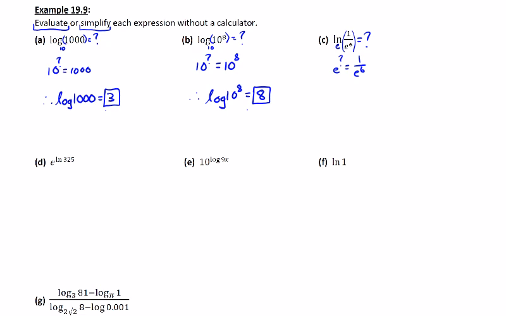So now I think about what kind of exponent is going to make this work. The only kind of exponent that's going to make this work is one that's negative, because we have the 1 over e to the 6. That's the reciprocal. And if I need 6, then I obviously am going to have negative 6. So therefore, the natural log of 1 over e to the 6 is going to be equal to negative 6.